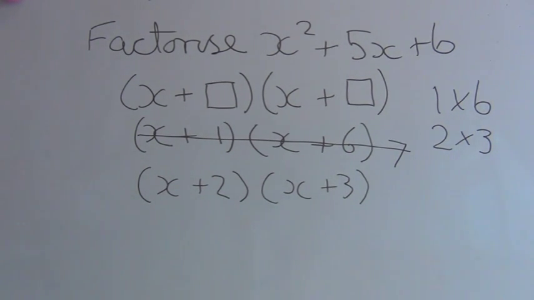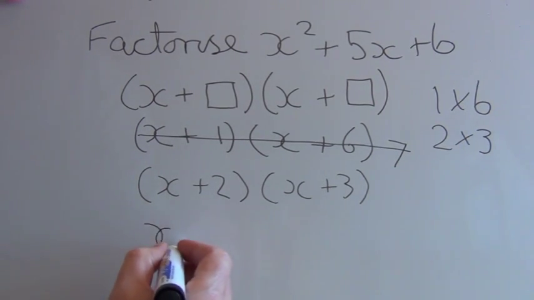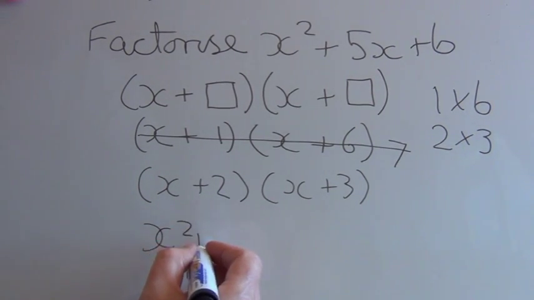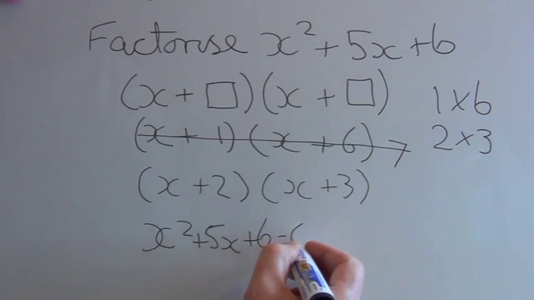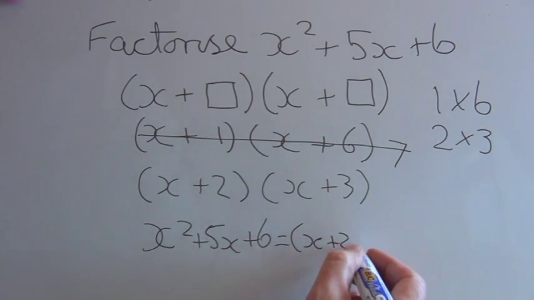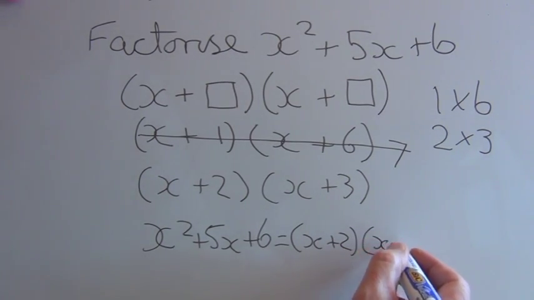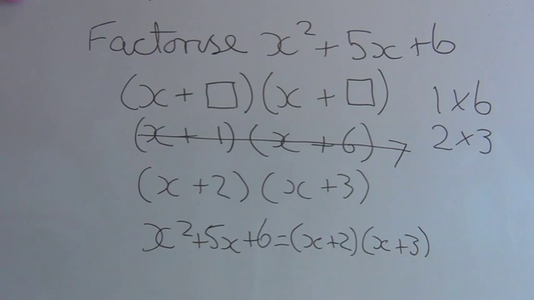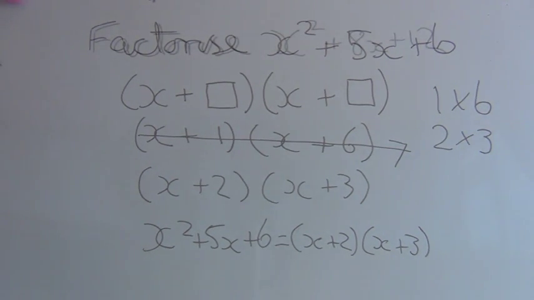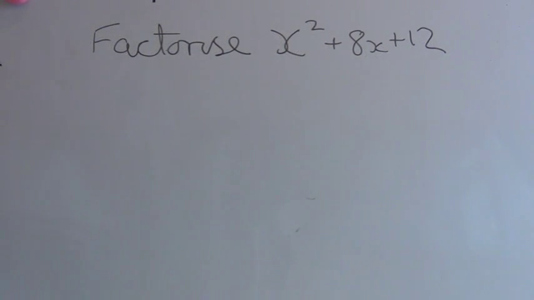So we can now write x squared plus 5x plus 6 equals x plus 2 times x plus 3. So let's have a look at another example. Okay, so in this example we're asked to factorise x squared plus 8x plus 12.